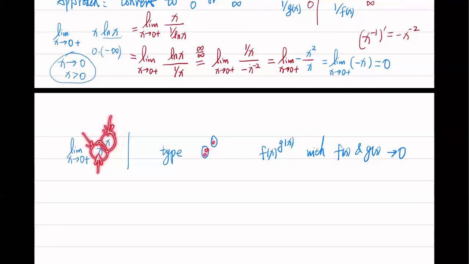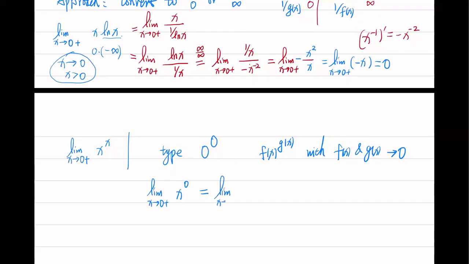If we approach this from different directions, we get different limits. So what does that mean? Let's see two different cases. The limit of x to the 0. What's this? Okay, because x to the 0 is always 1.